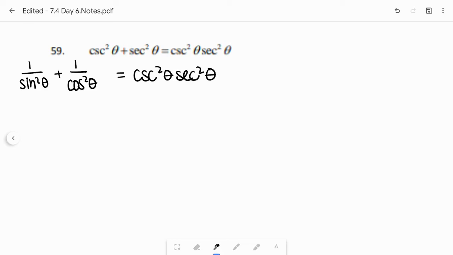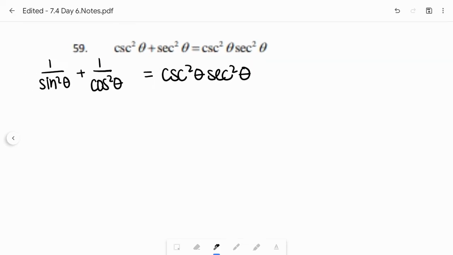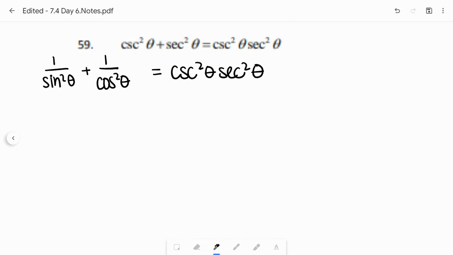Okay, now if I'm going to be adding fractions, I need to have a common denominator. So I want to multiply this first fraction by cosine squared theta over cosine squared theta. And I will multiply this second fraction by sine squared theta over sine squared theta.